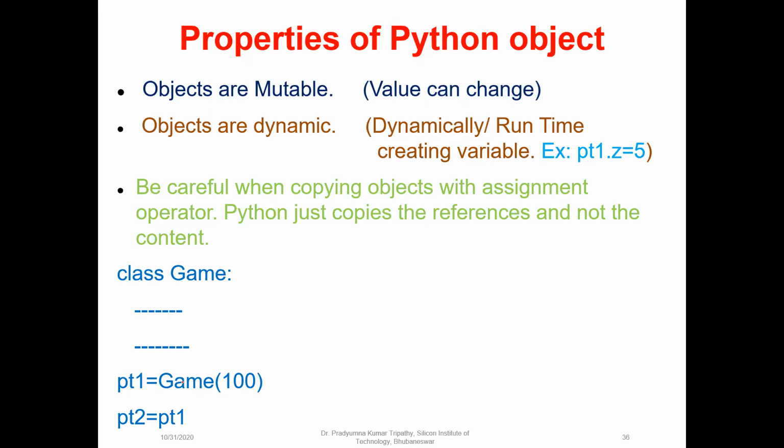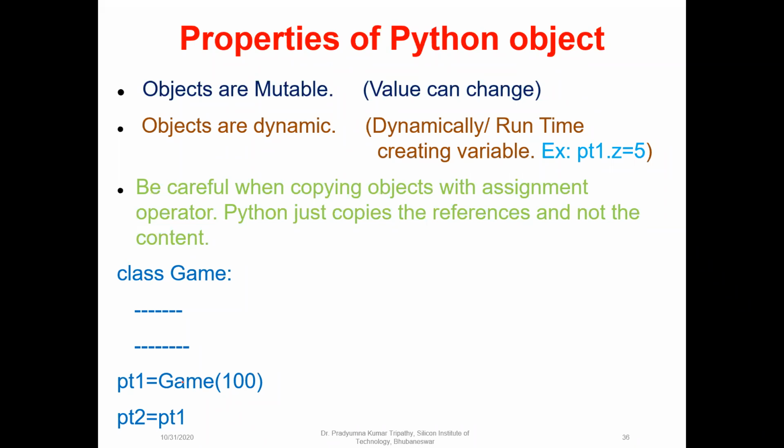While running the program, suppose for example, z is a data member of the PT1 object. So at runtime I can also give PT1.z equals 5. So dynamically, at runtime, a variable can be created and a value can be assigned for the same. Correct? But it says that be careful when copying objects with the assignment operator.